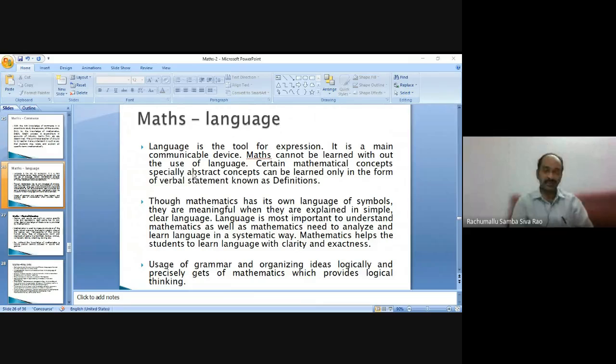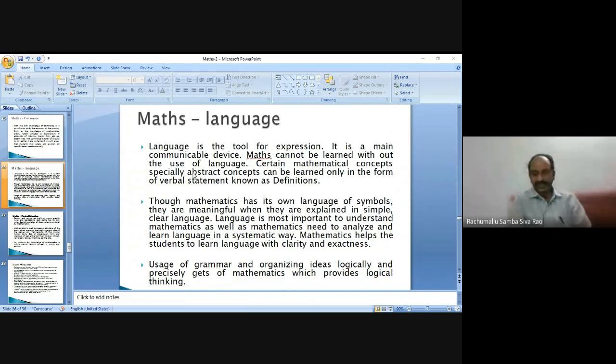Though he is illiterate, a common man should have knowledge of language and fundamental mathematics. Then only does he lead a successful life in society.